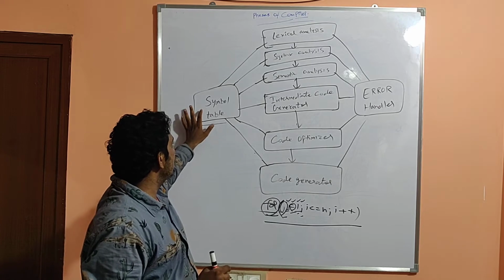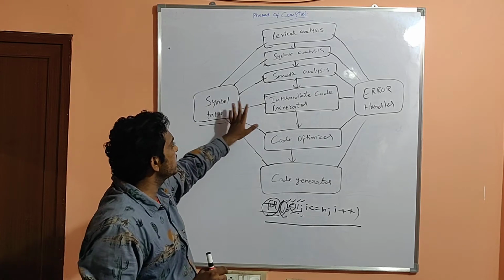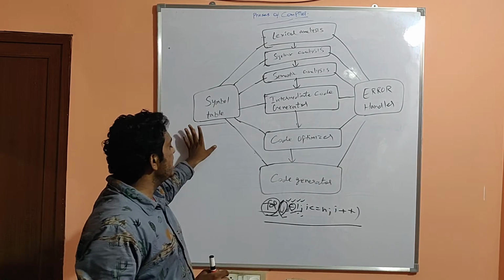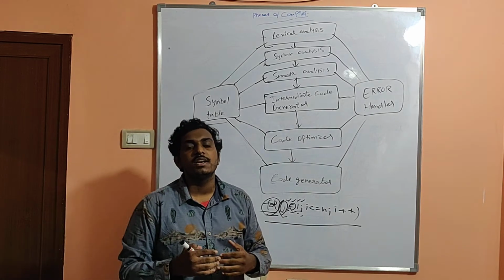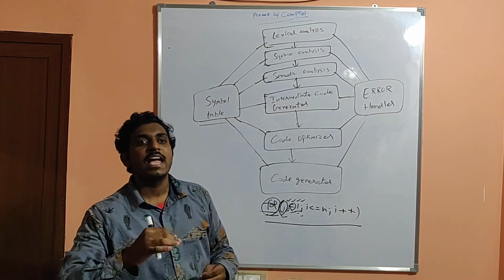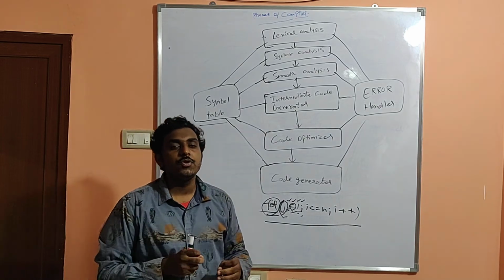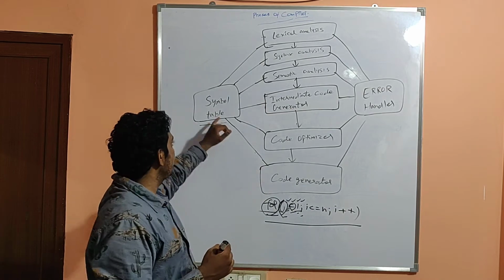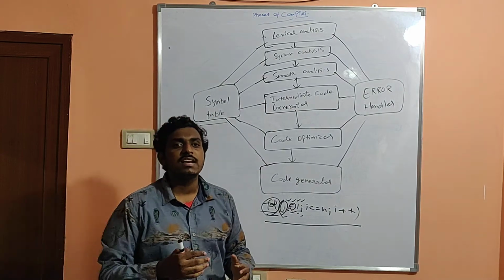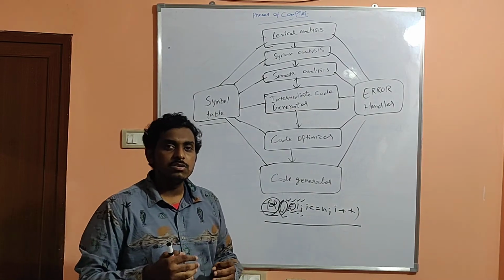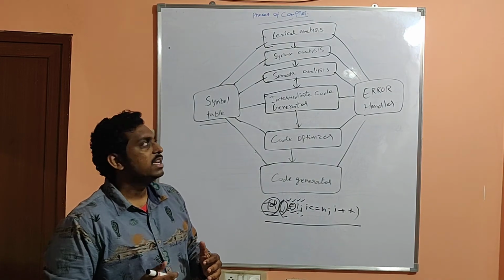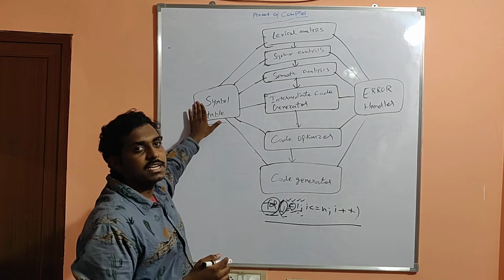The symbol table maintains all the information regarding the particular programming language. For example, if you are executing a C program, the C symbol table contains all the rules and regulations and the structure of a program. Everything is maintained by the symbol table.